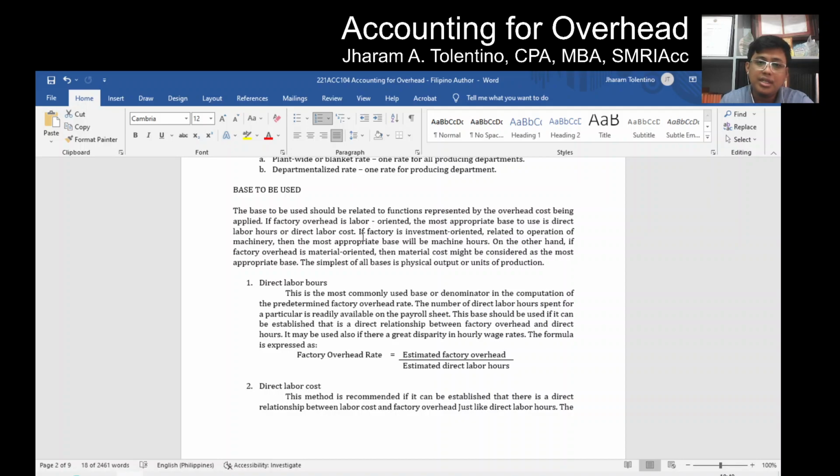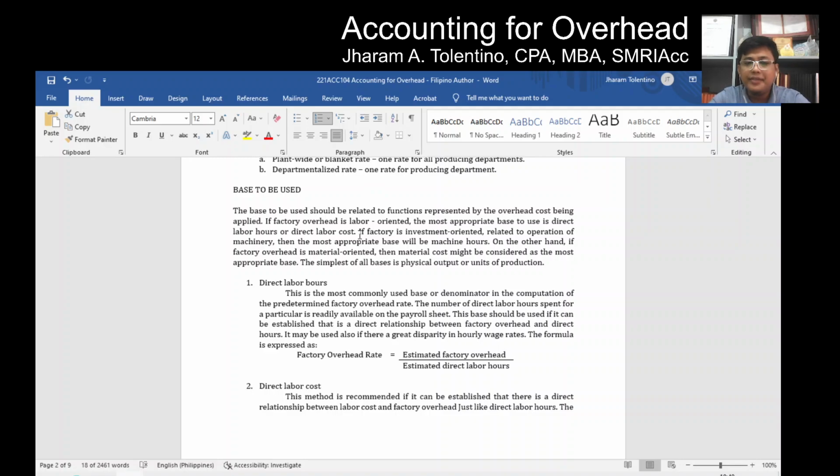If the factory daw is investment-oriented, related to operation of machinery, maraming machines, hindi mo gagamitin yung direct labor hours kasi hindi naman gawang kamay yung mas ginagamit. If it's machine, then the most appropriate base daw po will be the machine hours.